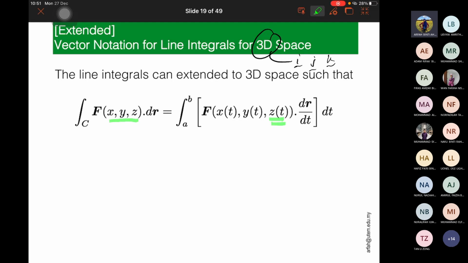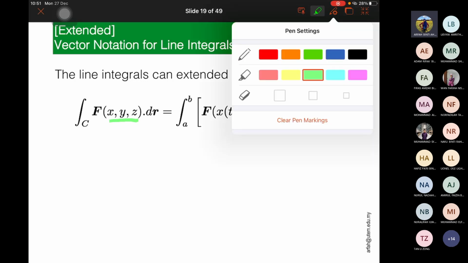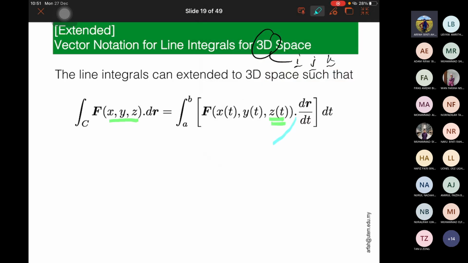So integration over the curve C for the vector f of x, y, z dot dr, it will be equal to integration from a to b f of x(t), y(t), z(t) having the dot product of dr(t), that is r prime t.